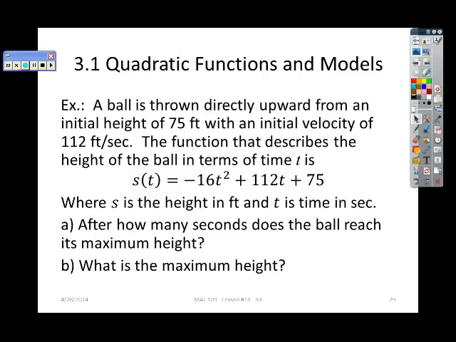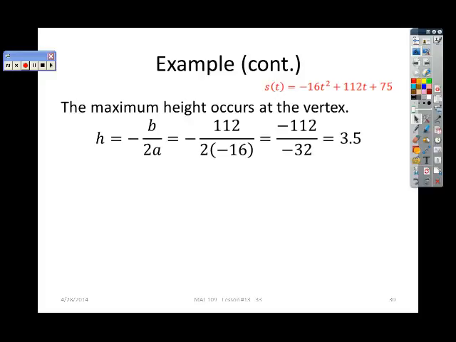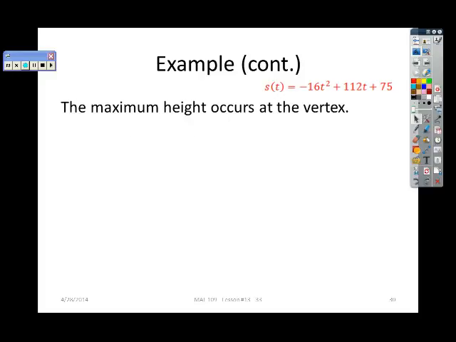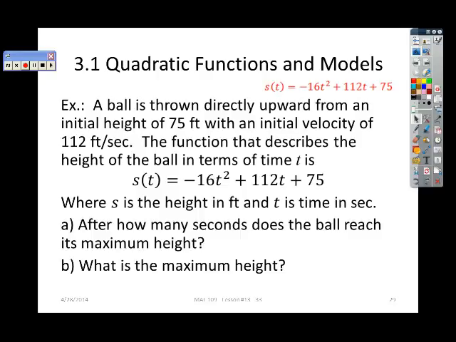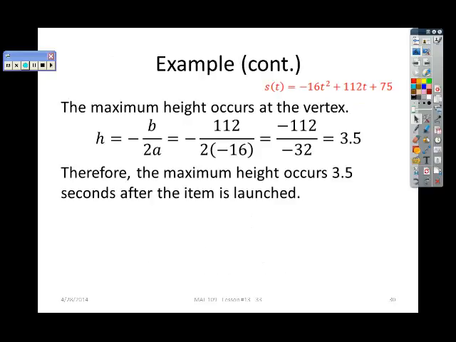That's the second question. What is that maximum height? Maximum height occurs at the vertex, so use the h equals minus b over 2a formula. Plug the numbers in from this equation. h is 3.5.